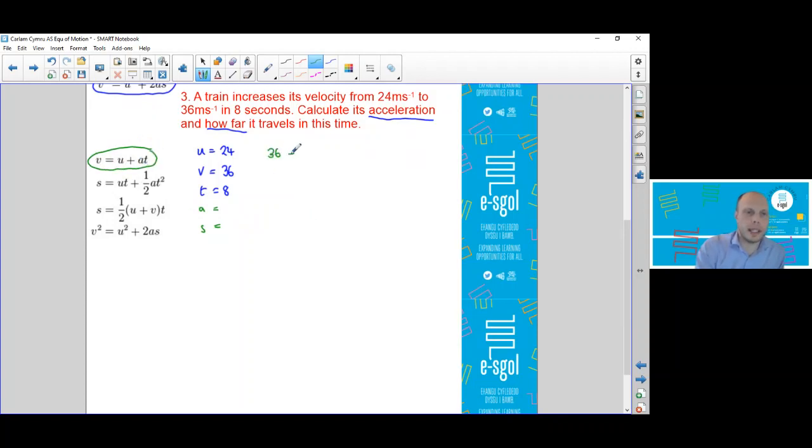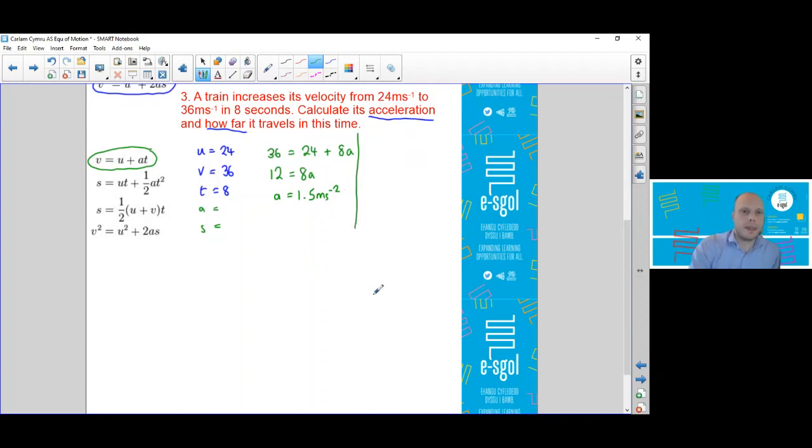So 36 equals 24. Now it should be A times 8, but obviously the rules of algebra tell us that the number's got to go first, so that becomes 8A. Taking away 24 from 36 leaves you with 12 equals 8A. Dividing by 8, you get A is 1.5 meters per second squared.